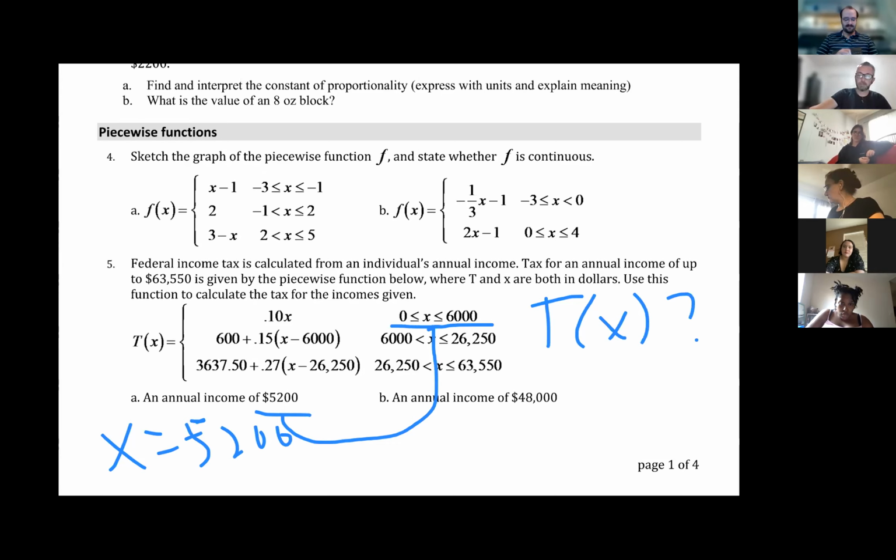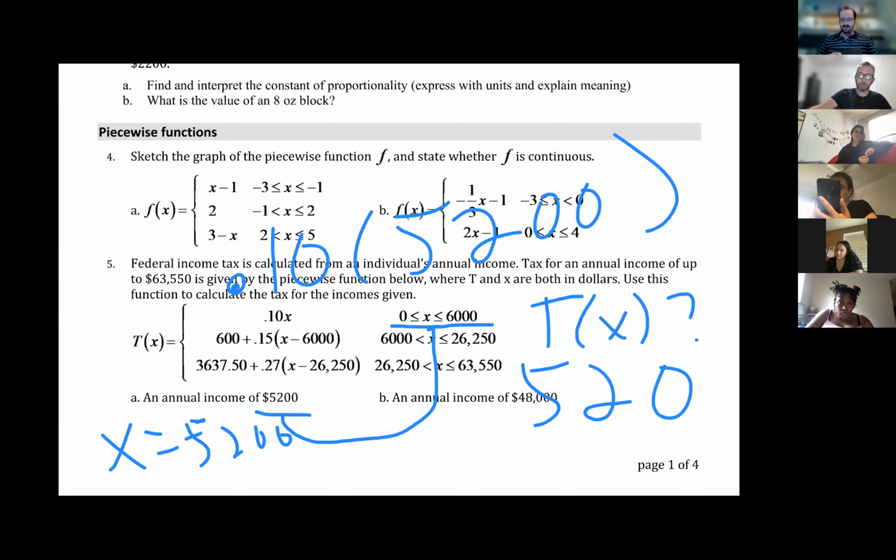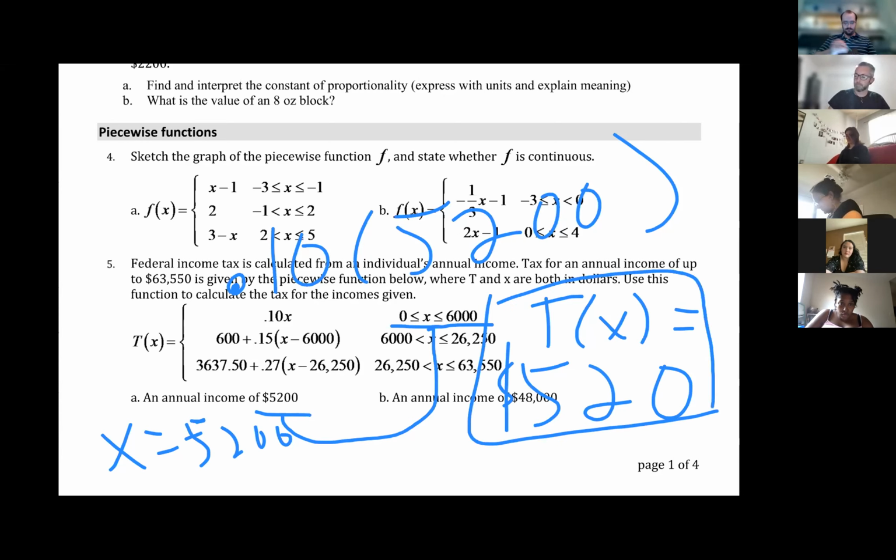And so I'm plugging in 0.10 of 5,200. And I think you said you're going to pay 520 in taxes? Yes. So I guess that's my equal sign here. Questions about that first part?